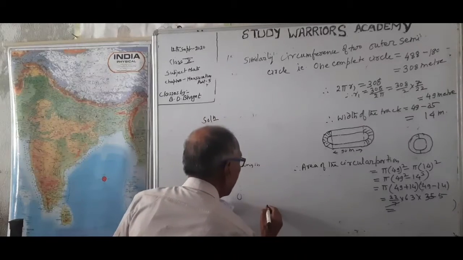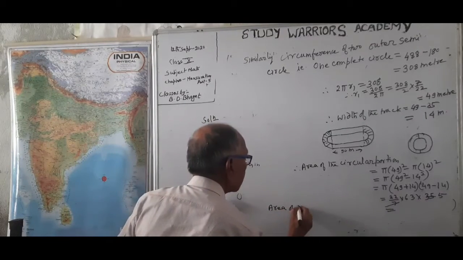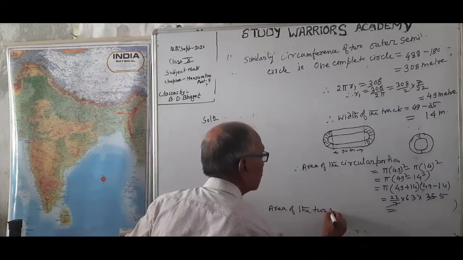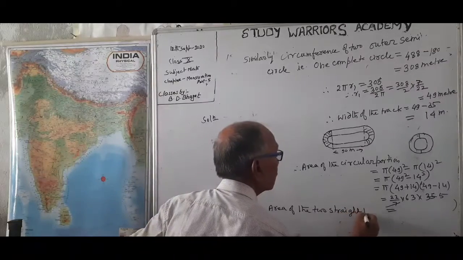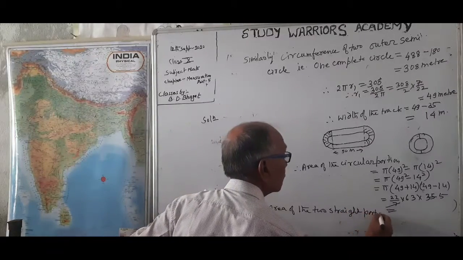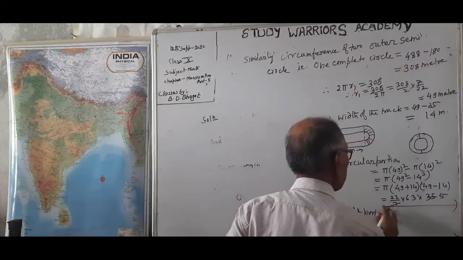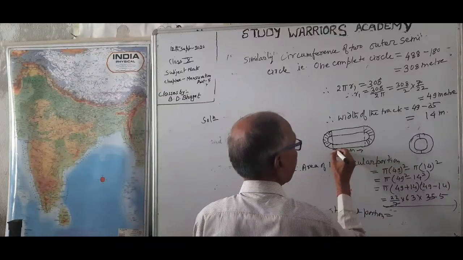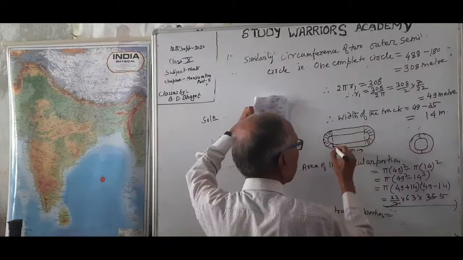And the area of the two straight portions is equal to length into breadth. So breadth means width here, of the road.